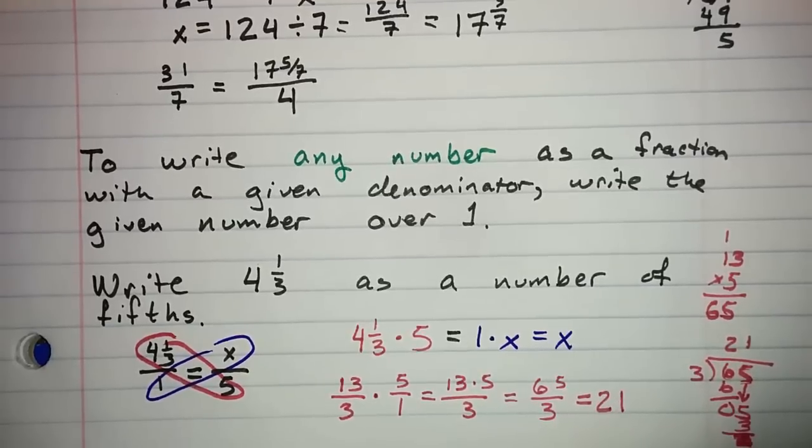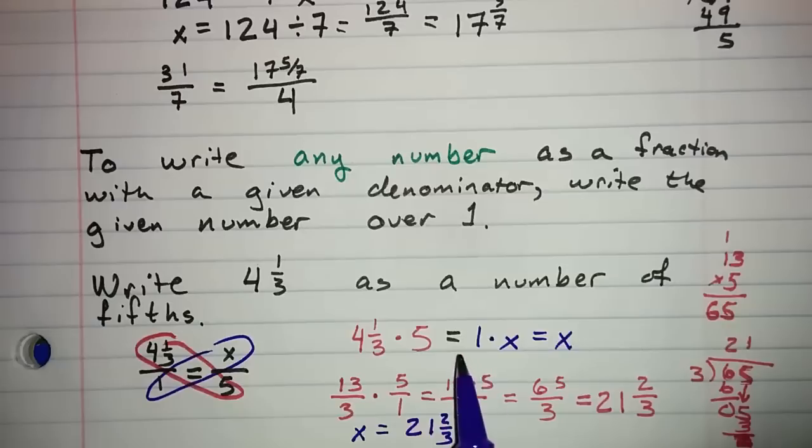So I have 21 whole things and 2 thirds left over. That was my x. Again, it was 1 times x. If I still had to do division to this, would I have made it into a mixed number? No, I wouldn't have made it into a mixed number before I did division to it, because I can't do division to mixed numbers.